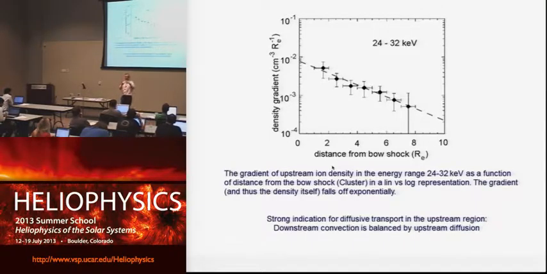If you've got a source of energetic particles at the shock and you let them diffuse into the upstream flow, then you get this exponential fall-off. This is the evidence for that, and you can find some characteristic length scale for that fall-off. As it says there, this is a strong indication that we have diffusion going on for these energetic particles.